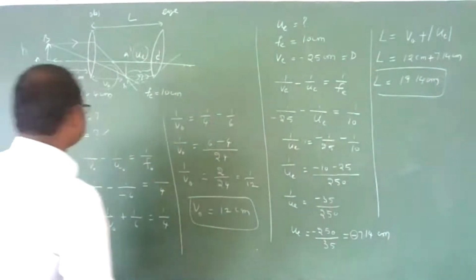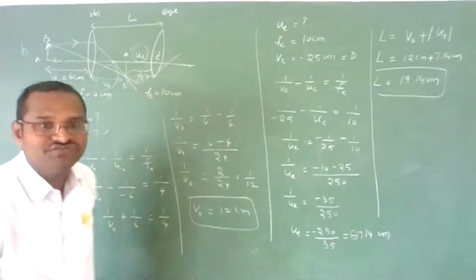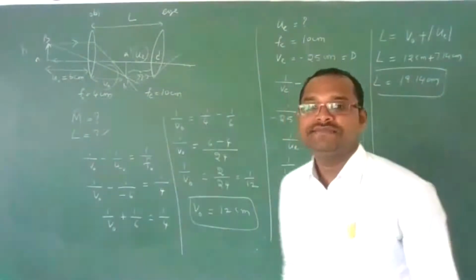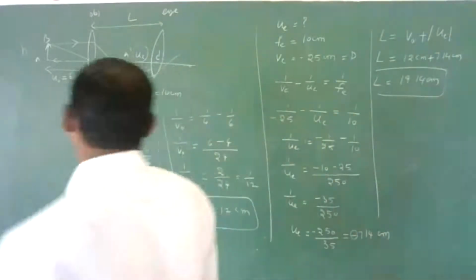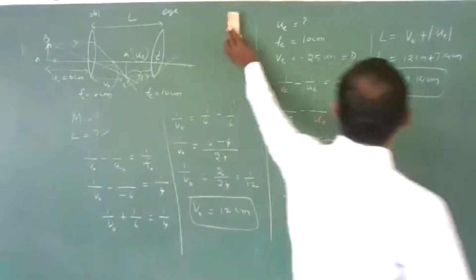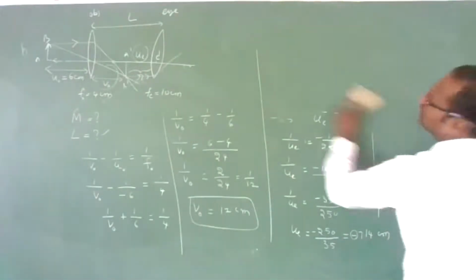Let us imagine the image is not formed at the least distance of distinct vision. The image has formed at infinity. Then what will happen? Simple. Let us see that point also.